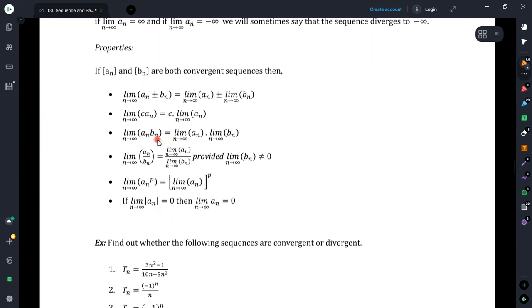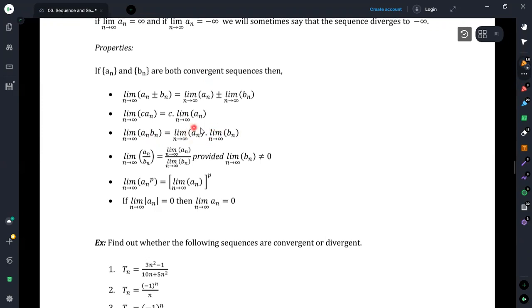Then this can be considered as the limit of an as n goes to infinity and the limit of bn as n goes to infinity. Therefore, if you consider the multiplication of these two, then we can have this according to the theories of limits.